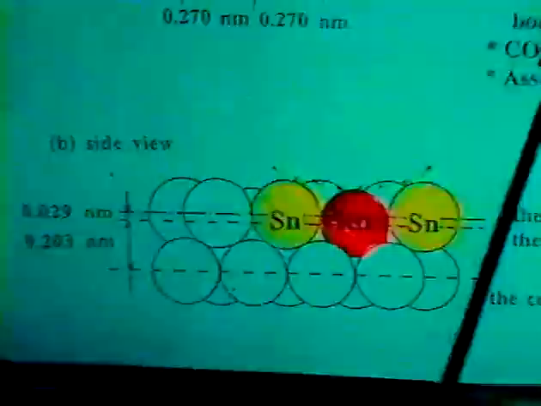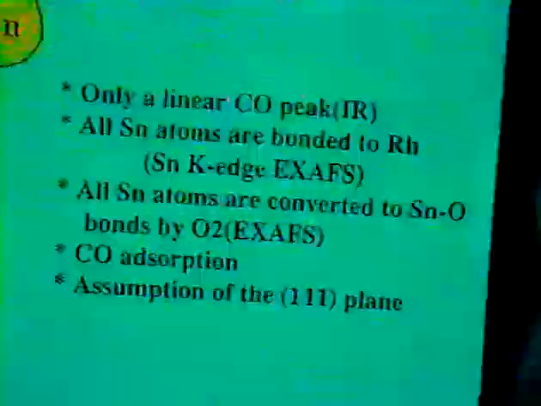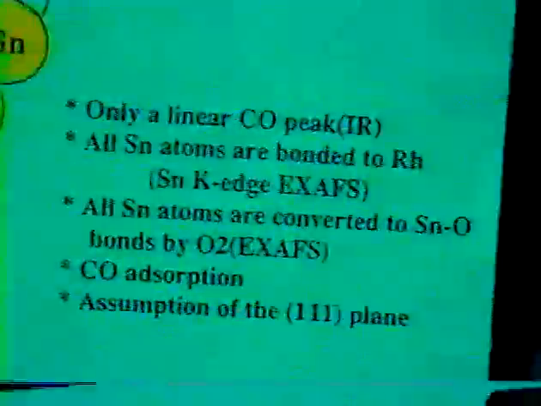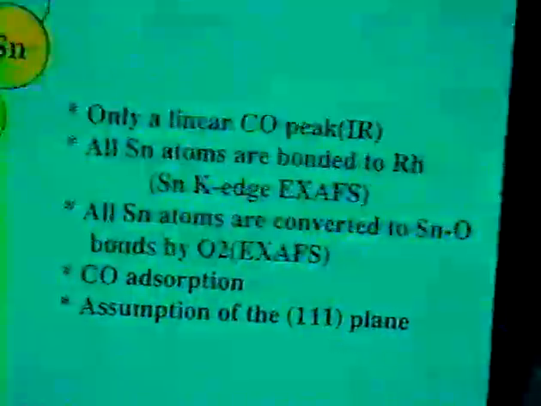This is a surface model structure of the reduced rhodium-tin bimetallic catalyst before catalytic reaction. On the basis of a stable rhodium 1-1 phase, the hexagonal arrangement is shown by this structure model.